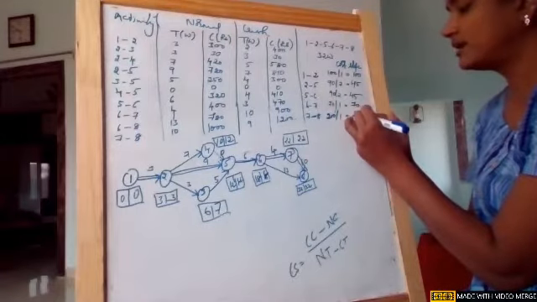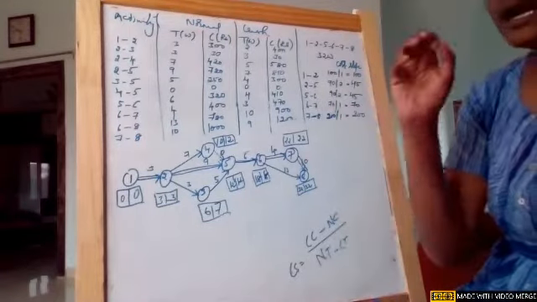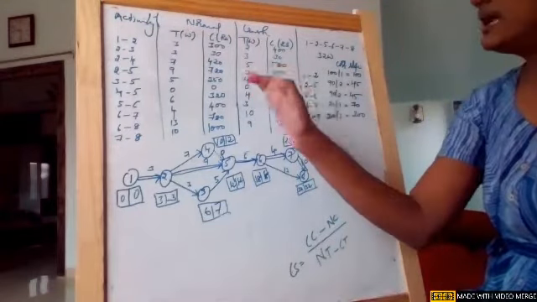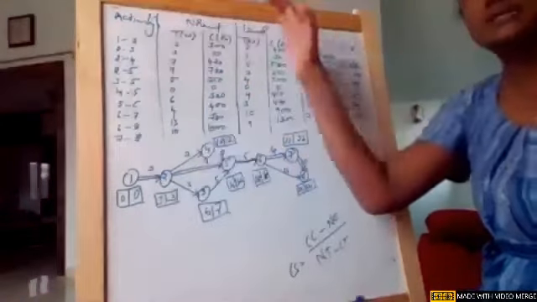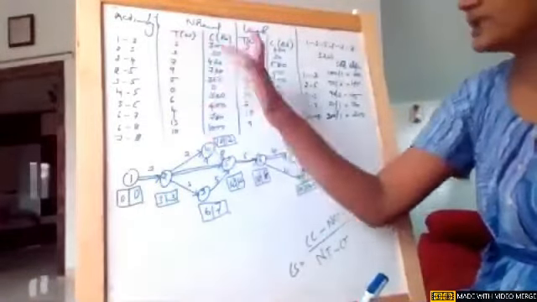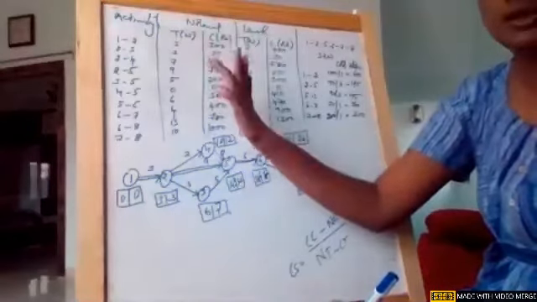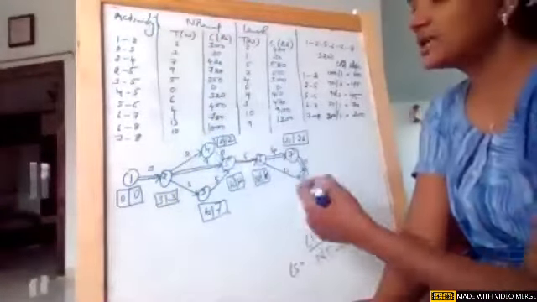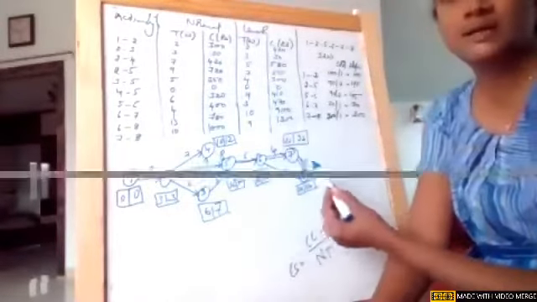So again, I am repeating the process, girls. First, we construct a network using the normal duration. We are not taking cost as of now; we are just going with the normal duration. After constructing the network, find out the critical path.